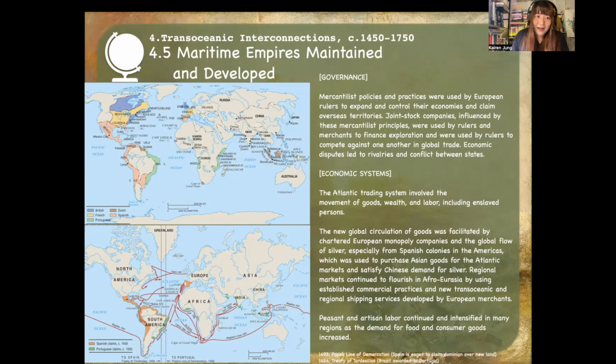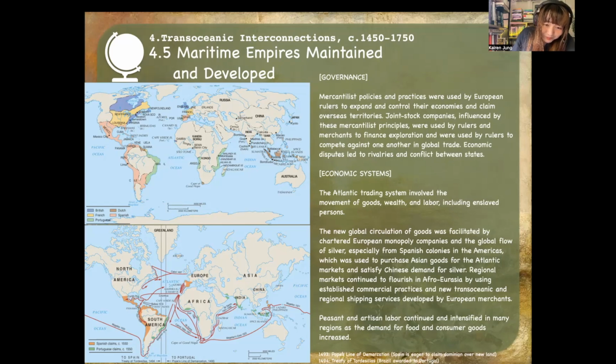These are maps of how the world was changing at this time. Above, you see that the blue are British, the yellow are French, the green are Portuguese, the Spanish are pink, and the brown are Dutch. Below that is the map of the Spanish claims and the Portuguese claims circa 1550.